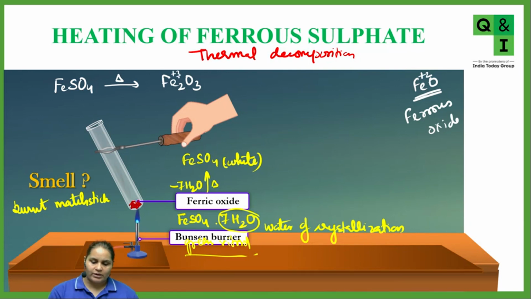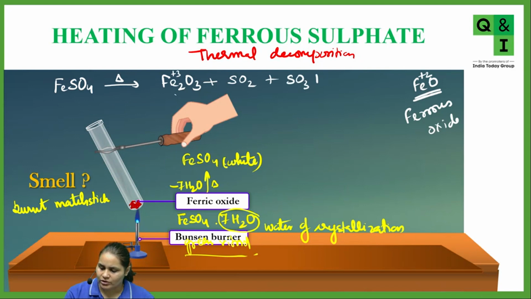So that's why we are calling it ferric oxide, plus SO2 plus SO3. Sulfur trioxide and sulfur dioxide are both gases which escape.